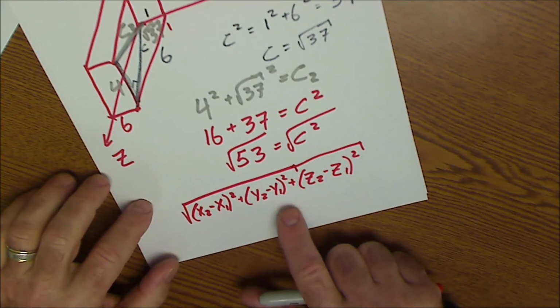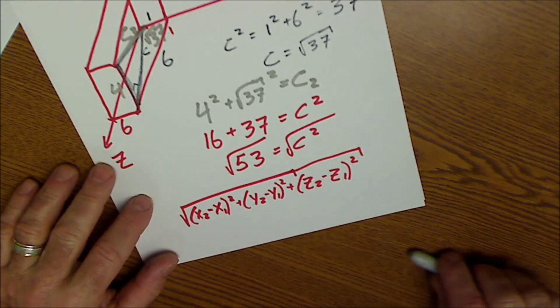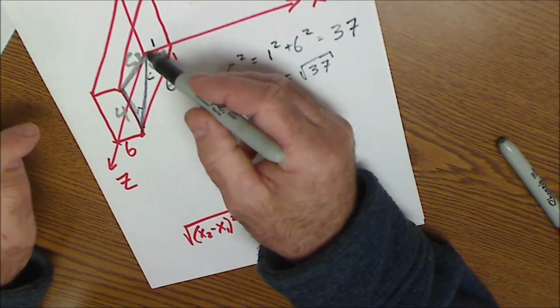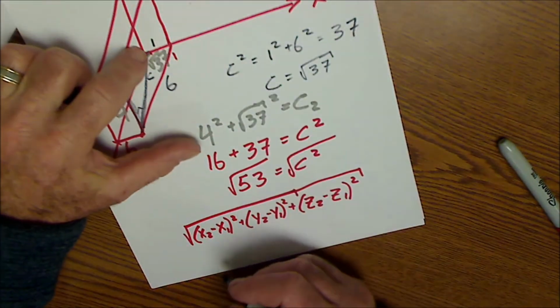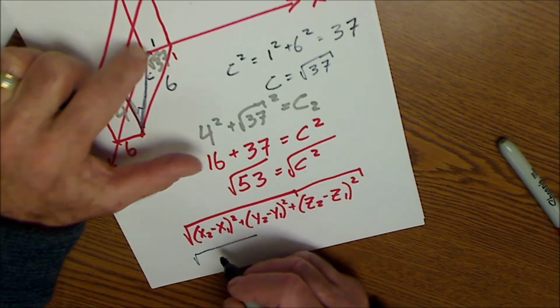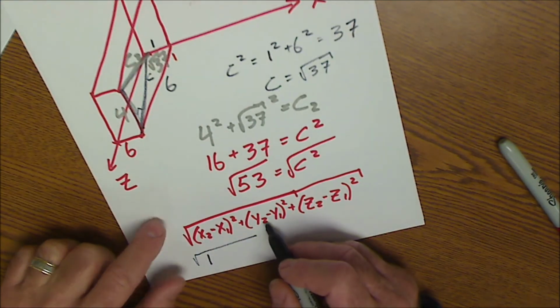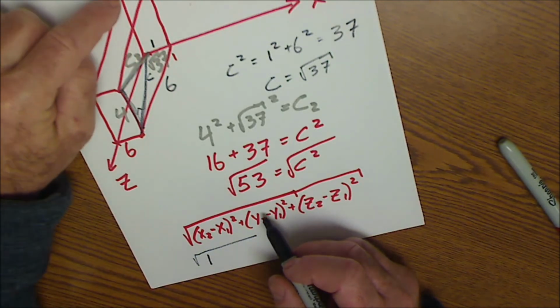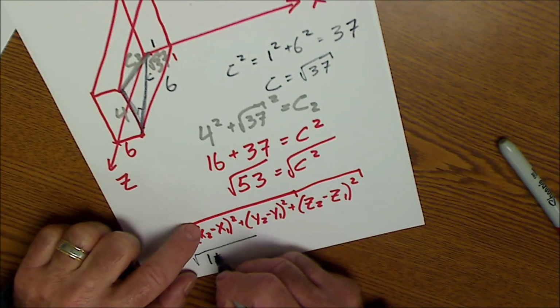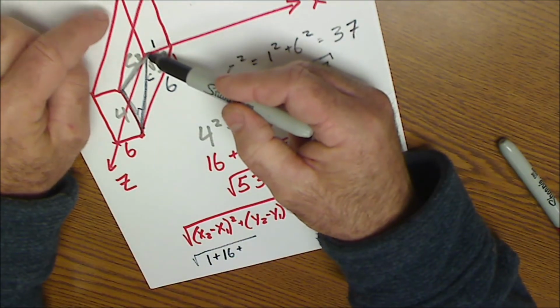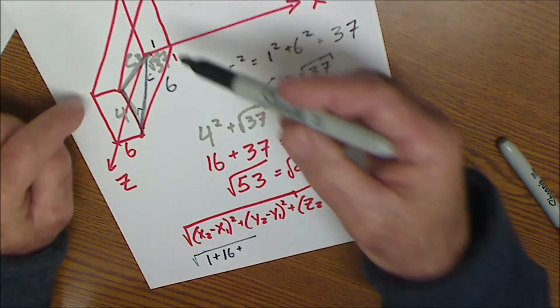So if I'm using the three-dimensional distance formula here, I would have the difference in the x's, so the difference between 0 and 1 would be 1 squared. The difference in the y's, 0 and 4 squared. And the difference in the z's between 0 and 6 squared.